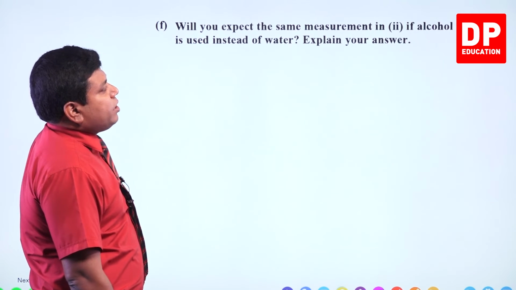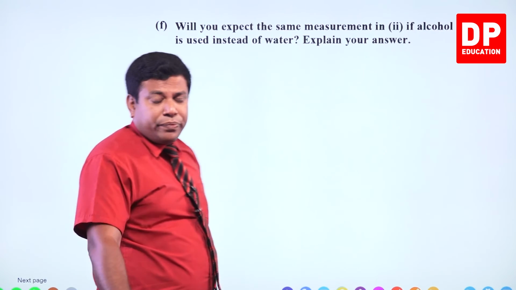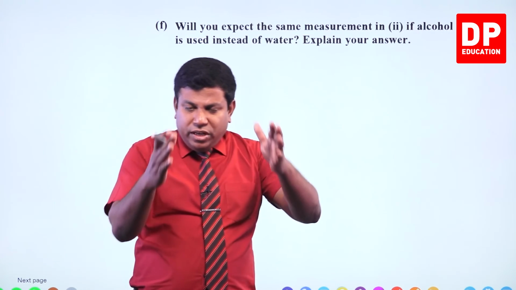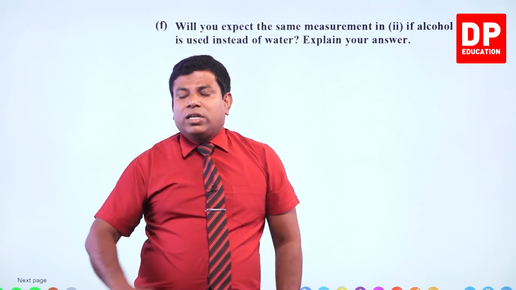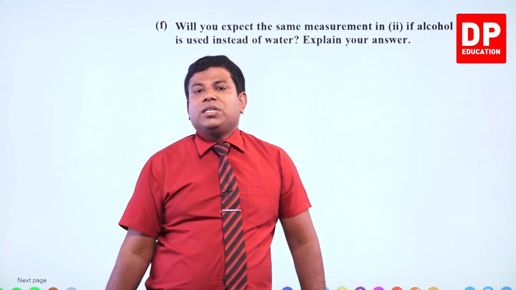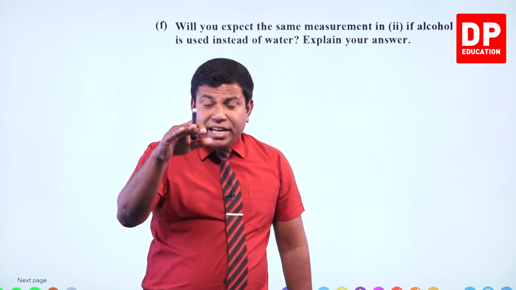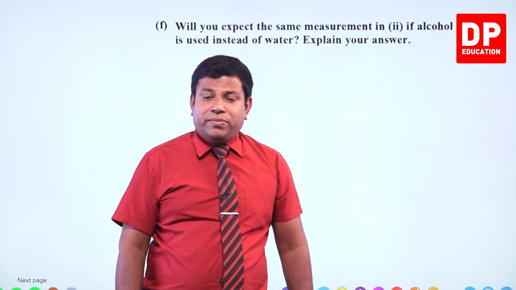Will you expect the same measurement in 2 if alcohol is used instead of water? Explain your answer. See, instead of the jar with water, if you fill that with alcohol and do this experiment, you know alcohol evaporates in the room temperature itself.